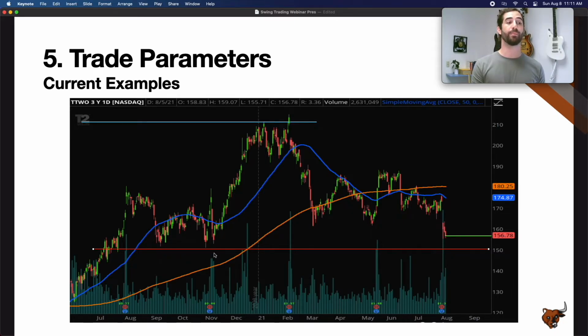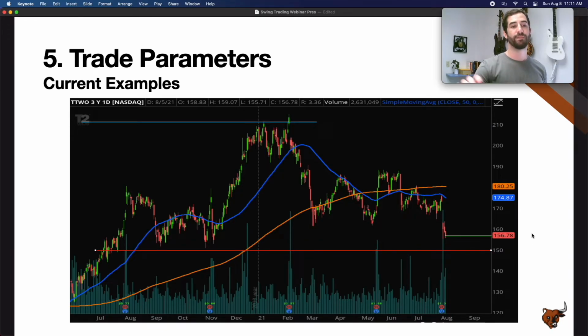It's a very big level, and one that is completely valid still today, even if it was set months before, or even a year before. I don't care. All right, so we're entering a position around 156, 157, and we have a stop loss at around 150.